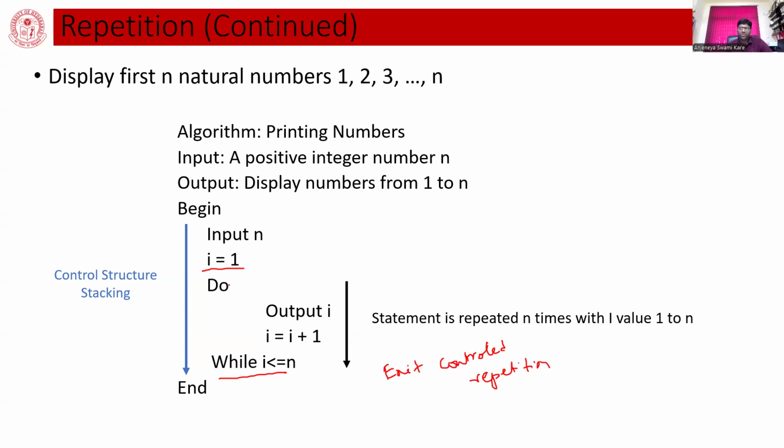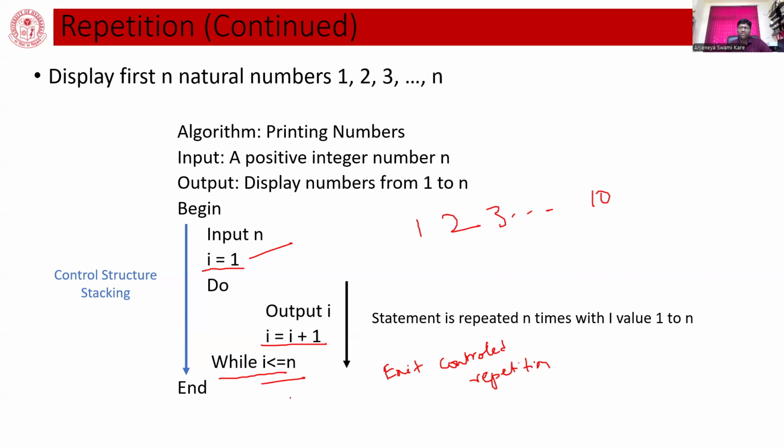Similarly, say I equal to 1, so output I means 1 will be displayed, I equal to I plus 1, 2 will be displayed, 3 will be displayed, and so on, 10 will be displayed. When 10 is displayed, I becomes 11. So I less than or equal to 10 is false, and you come out of the repetitive statement. The do while loop also has initialization, increment, and then condition.